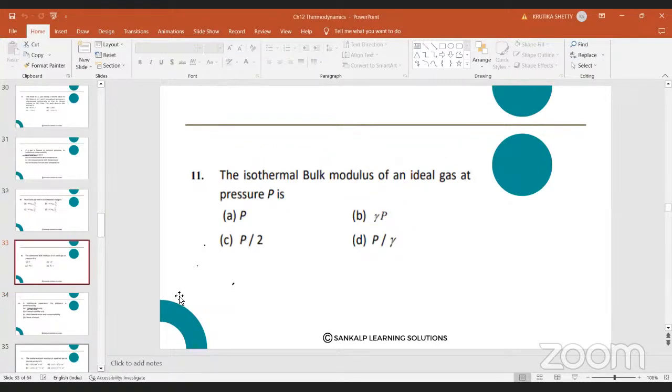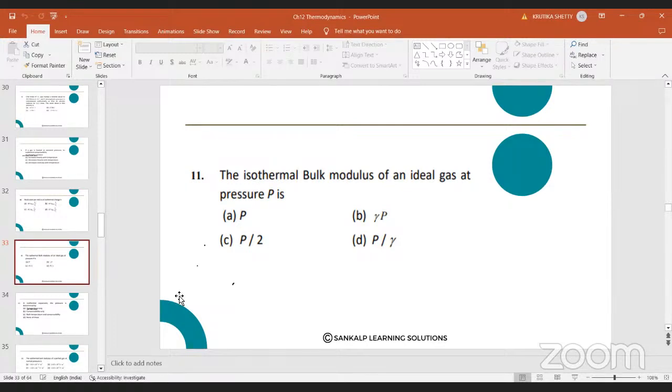Then the next question: the isothermal bulk modulus of an ideal gas at pressure P is. If you remember, bulk modulus is given by pressure upon change in the volume by initial volume.